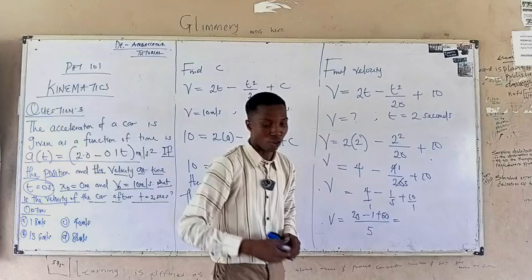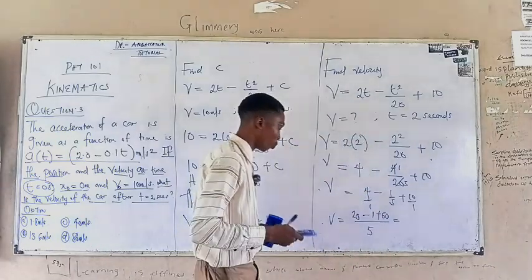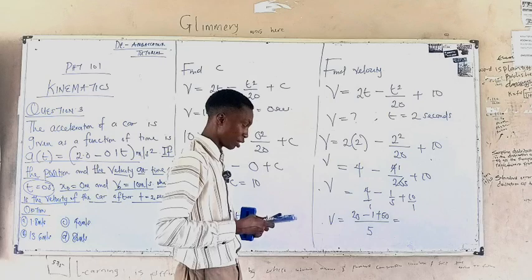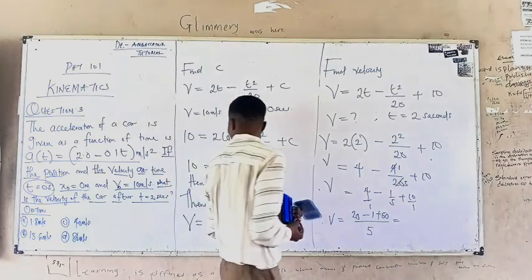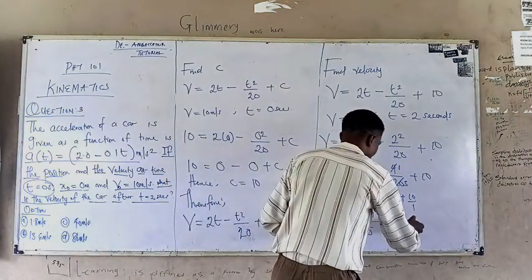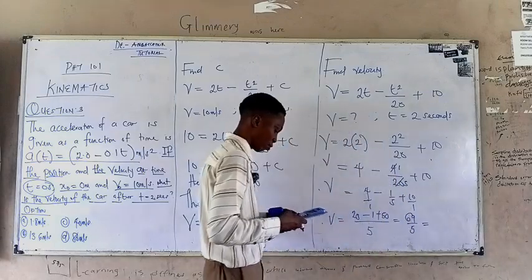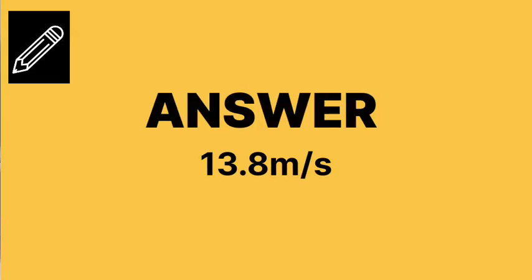With the help of a calculator, we have 20 minus 1 plus 50. That's 69 over 5. So 69 divided by 5, we get the answer to be 13.8 meter per second.